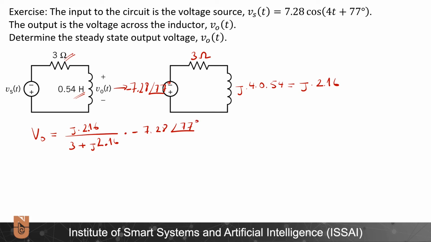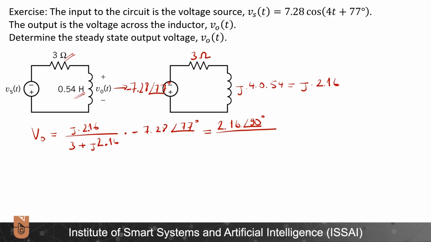Accordingly I will first get rid of this minus sign here, so I will have J2.16, or I can also write this as 2.16 times 90 degrees for J. And for the bottom part, I will need to do some calculations.